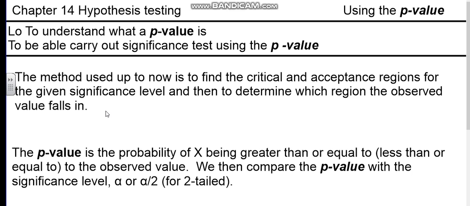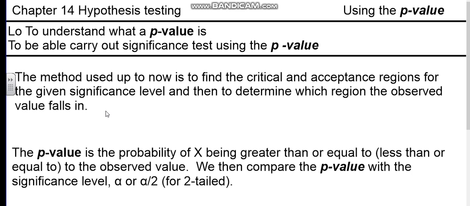So up until now, you have solved problems or tested hypotheses by working out the critical and the acceptance regions. So you had your diagram, you worked out where the critical regions would be, you worked out where the acceptance regions would be, and then you looked at where your observed value fell, and that determined whether to accept or reject.